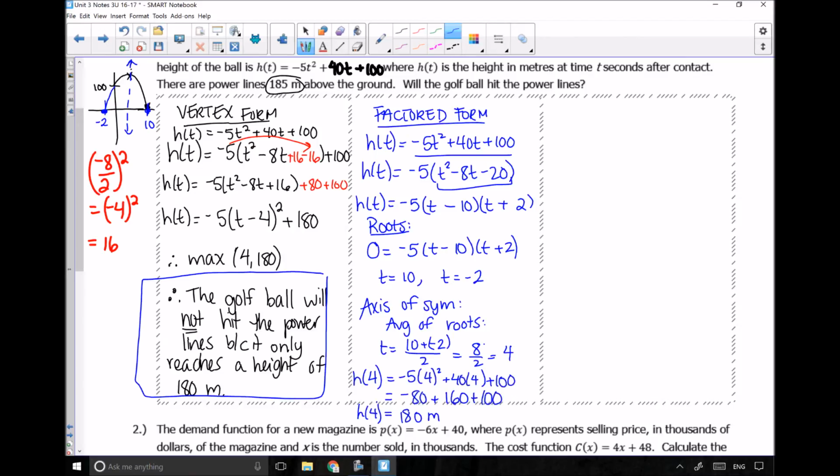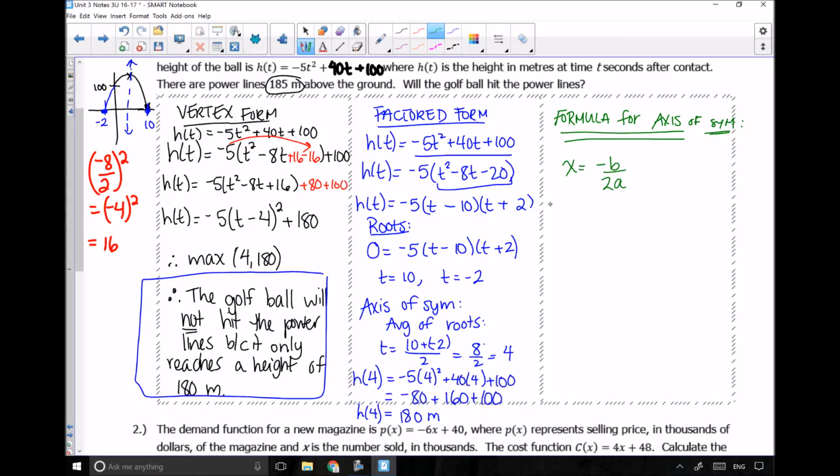Okay, the last thing that we're going to do is something called the formula for the axis of symmetry. So we're going to write the formula for the axis of symmetry. And the formula for the axis of symmetry is always going to be x equals negative b over 2a.